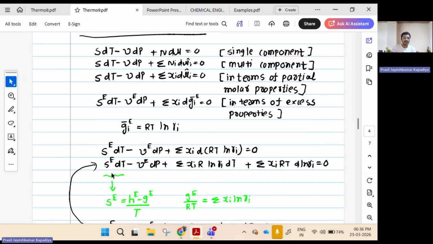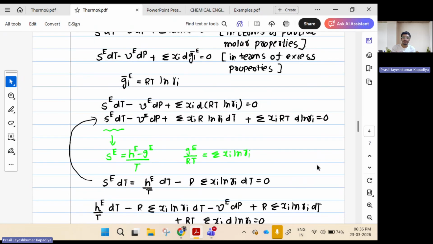So I will have SE dT minus VE dP plus summation of Xi, R is not going to change. We have two terms, temperature and gamma, which I can differentiate. So summation of Xi into R, keeping ln gamma i constant, I will have the dT term, plus the second time I'm keeping temperature as it is, Xi RT differential of ln gamma i will be equal to 0.